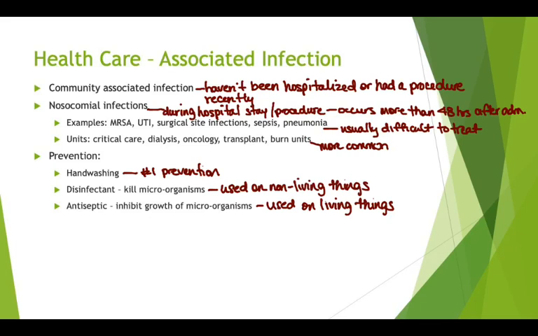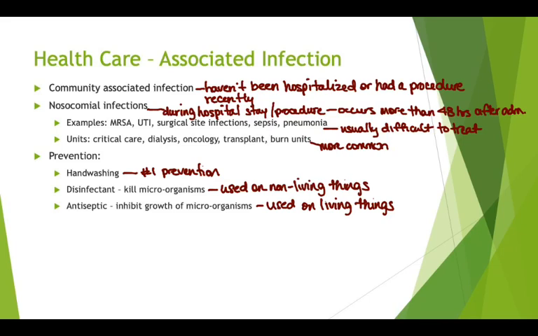When we talk about disinfectants, they kill the microorganisms, but they kill them on non-living things. So you want to make sure that disinfectants are not used on living tissue because they will cause chemical burns or damage to the living tissue.